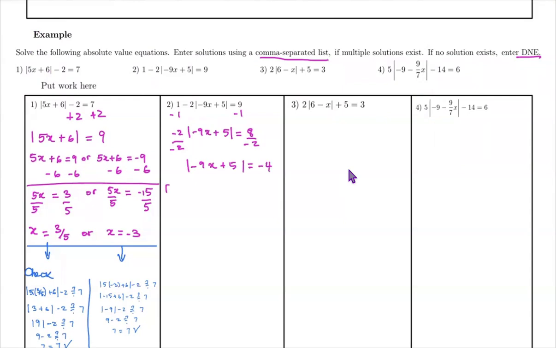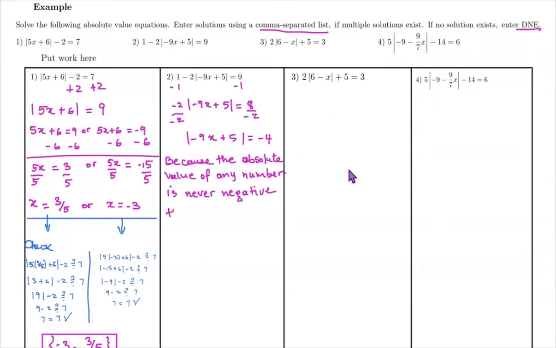Now, because the absolute value of any number is never negative, the equation absolute value of -9x plus 5 equals -4 has no solution.